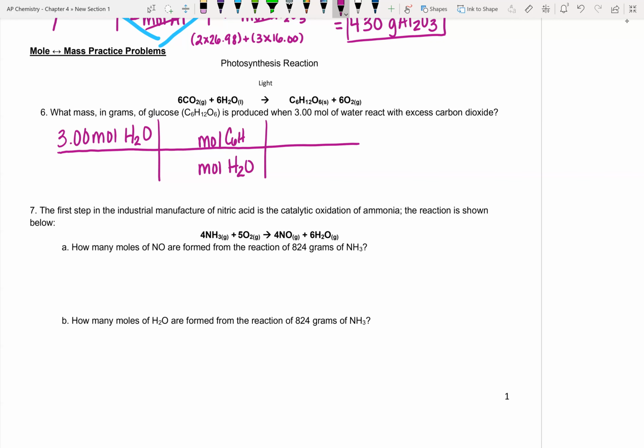Glucose is going to go into the numerator. To cancel those, moles of glucose in the denominator, going to grams of glucose in the numerator.